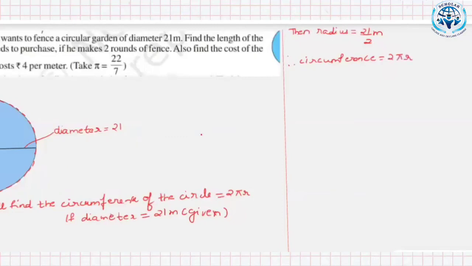Therefore, circumference is 2 pi r, 2 into 22 by 7 into radius 21 by 2. 7 3 ja 21, 2 11 ja 22, and we will get 66 meter as the circumference. Now the cost of rope, that is given as 4 per meter.